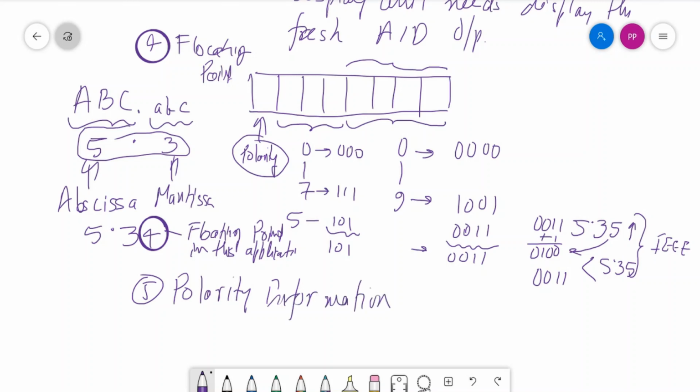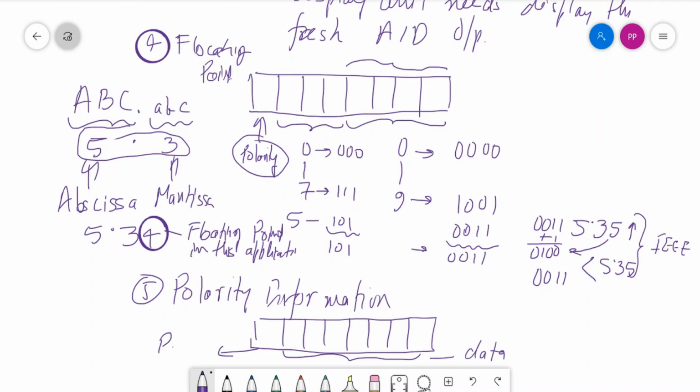For this, as we have discussed in point 4, we have the register, and here we have the provision for 8 bits. So the 7 bits we can keep for data, and the MSB we can keep for polarity. If it is 1, then in most cases it is negative, and if it is 0, then it is positive. So that is how we can take care of the polarity.